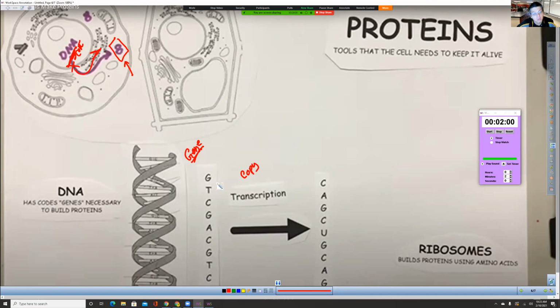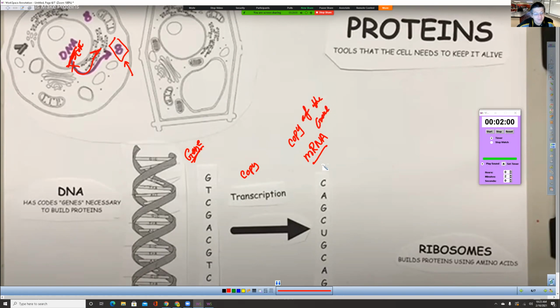Okay? And so when we copy the gene, what we do is we create another molecule called mRNA. That guy right here is the copy of the gene.